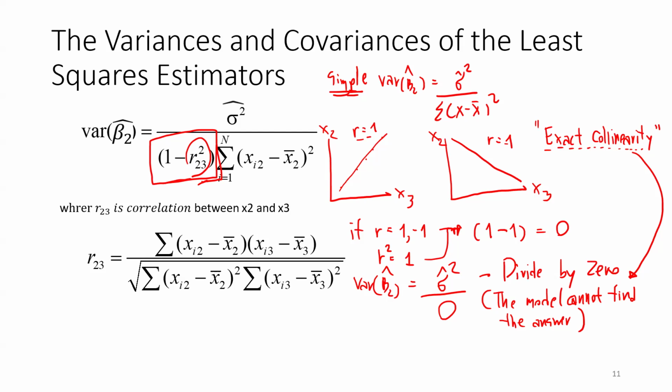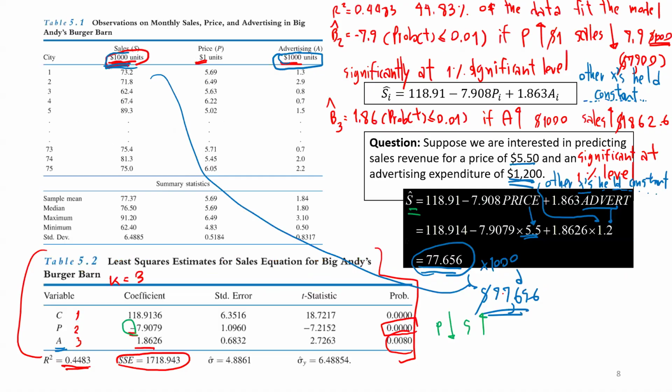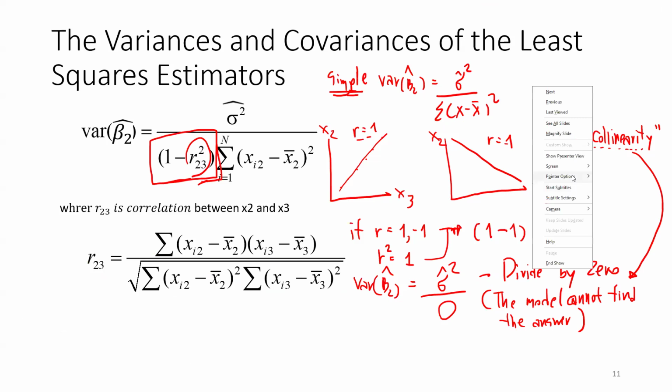That's why, in the assumption on slide number 7, let's go back to number 7, the text in red says there is no exact linear relationship among the explanatory variables. I will show you an example to make it clearer.